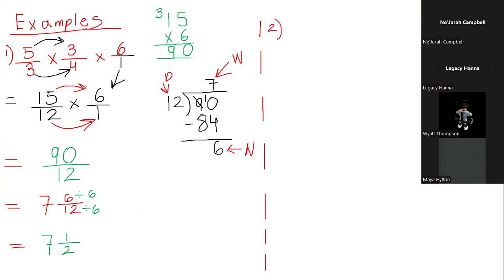So let's say we have 5 over 3 multiplied by 4 over 5 multiplied by 7.